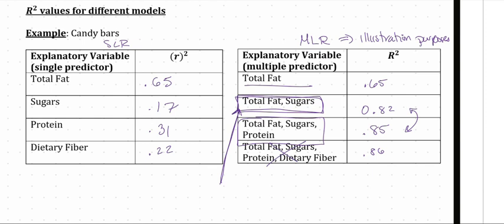So R-squared, though, will never decrease when we add explanatory variables. So we can't say, well, we have this really high R-squared, therefore the model is useful, right? It will always go up.